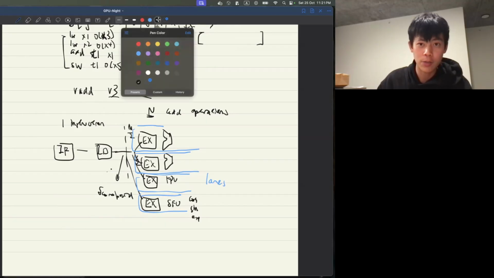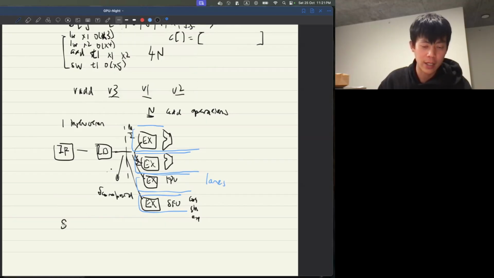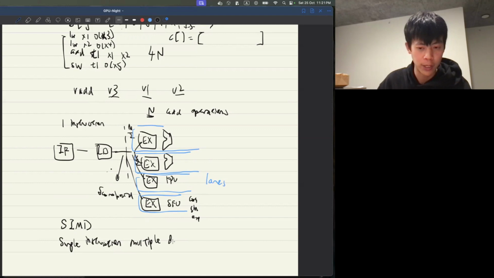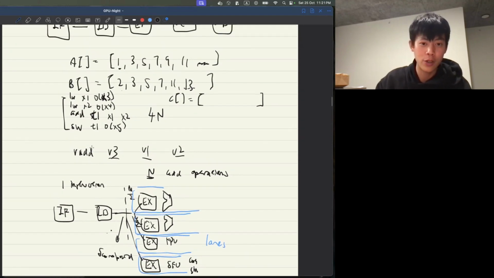Something I also want to mention over here is vector architecture is trying to solve this paradigm, right? Single instruction, multiple data. You take a single instruction, hopefully a single vector instruction, and because of that instruction, you operate on multiple data, right? This is precisely what is going on in this example. You have a single vector instruction and you are going to execute on so many data, and these data are all independent of each other, right?